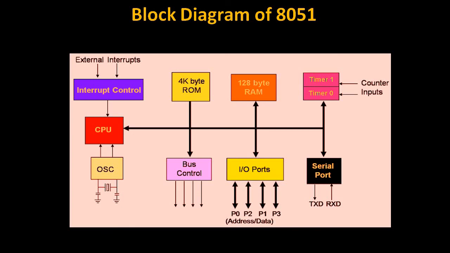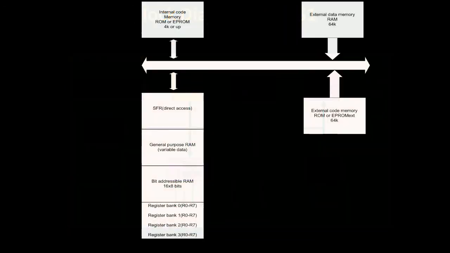In the figure you can see the CPU connected with interrupt control and oscillator. Then there will be ROM, RAM, timer, serial ports, bus control, input output. Everything is on the same chip, on the one chip. So this is the block diagram.